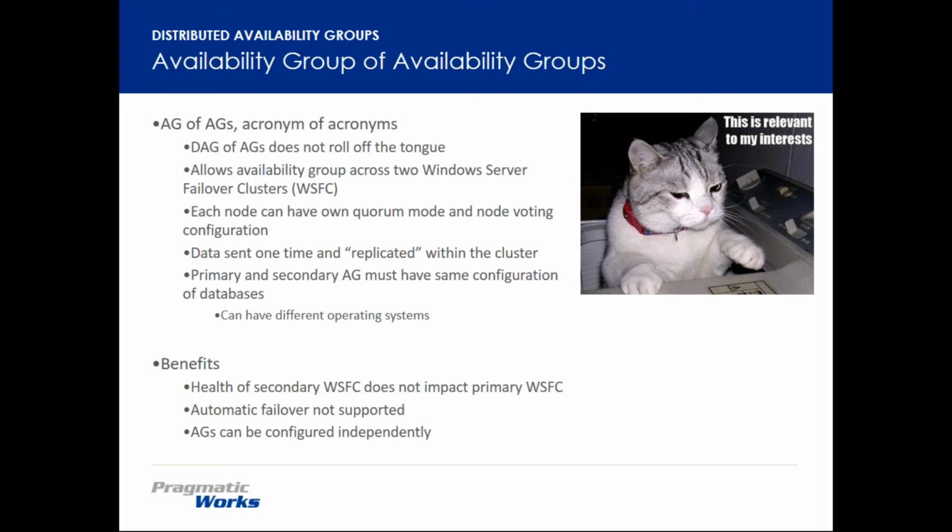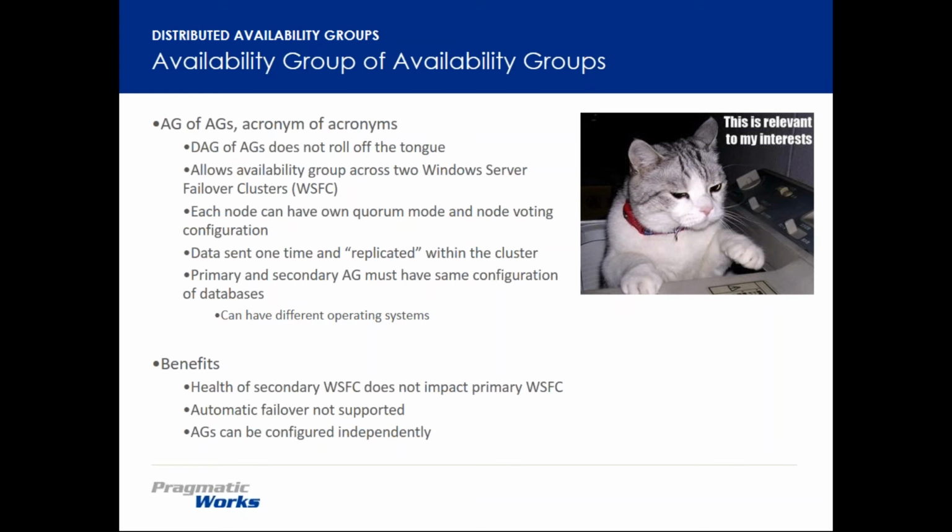Once it got there, it was distributed to the 4, and for most of us, the network in your data center is substantially better and faster than your wide area. So it's nice the way this is handled. It's not sending the data 4 times because there are 4 machines down there. It sends it once, and it's handled on site. Key thing here is the primary and secondary AG must have the same configuration of databases.